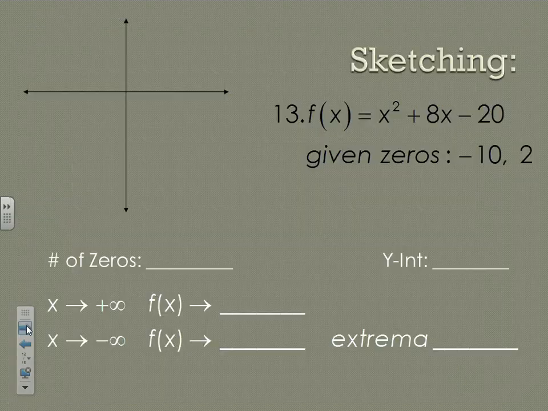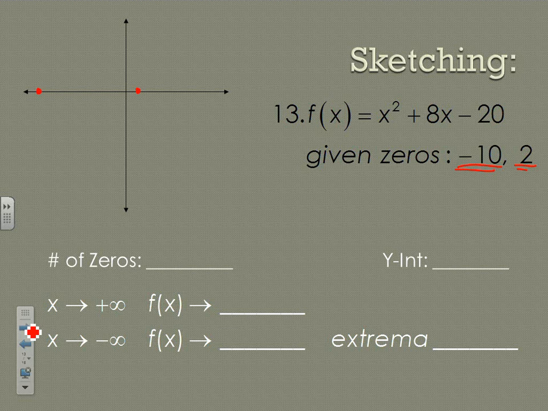All right. So if we had to just sketch a graph, let's say you didn't have a calculator and you needed to sketch a graph. The first thing, I am given the zeros are -10 and +2. So I know I'm going to have a zero at +2 and one at -10. So it's going to be down here somewhere.